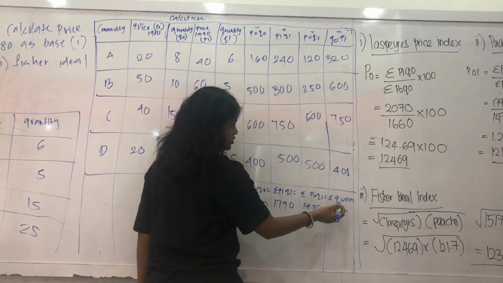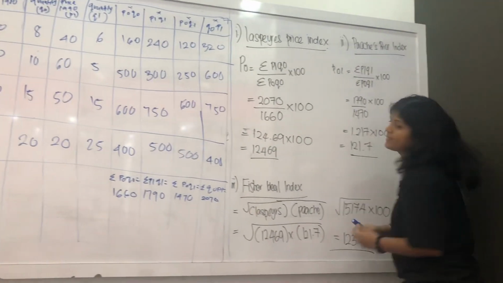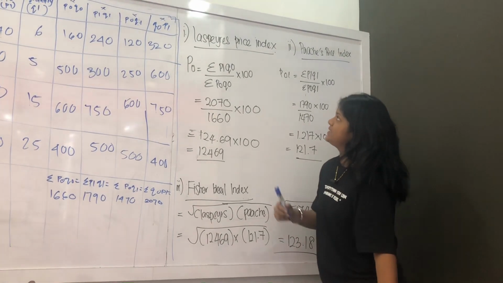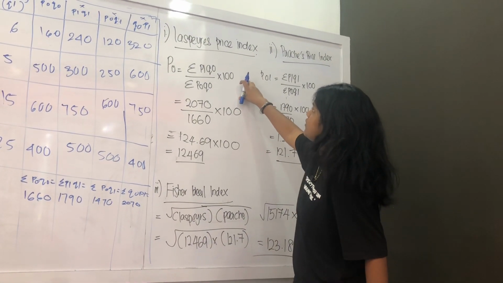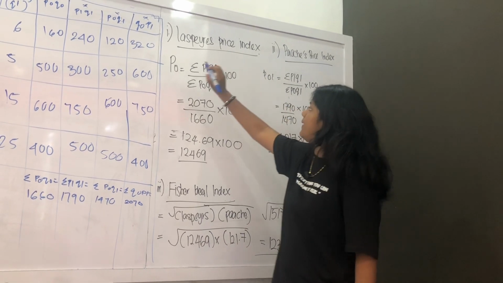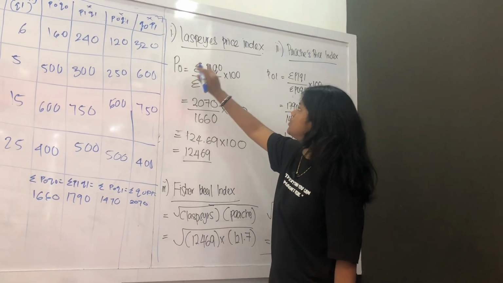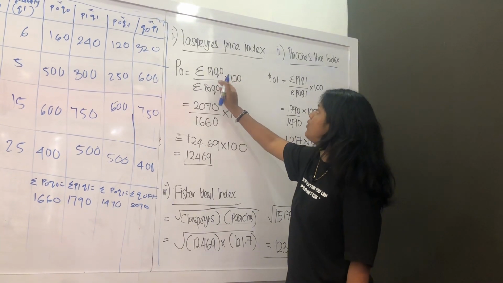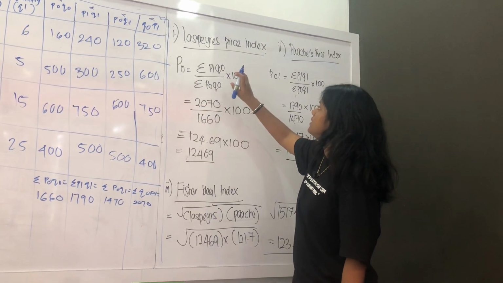So let's see the methods, the calculations of the last period price index. The method is the summation of P1Q0 over the summation of P0Q0 times 100.